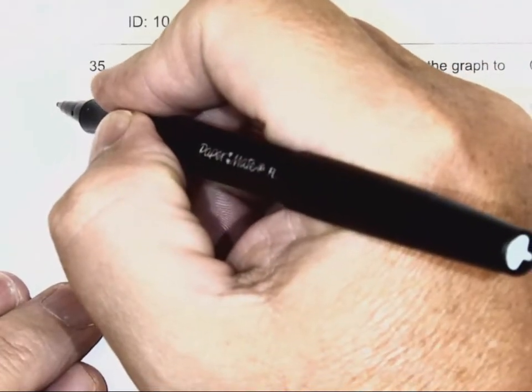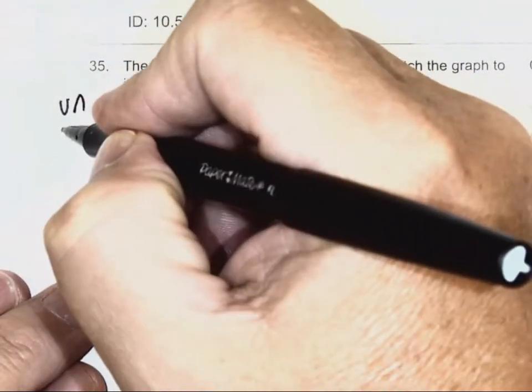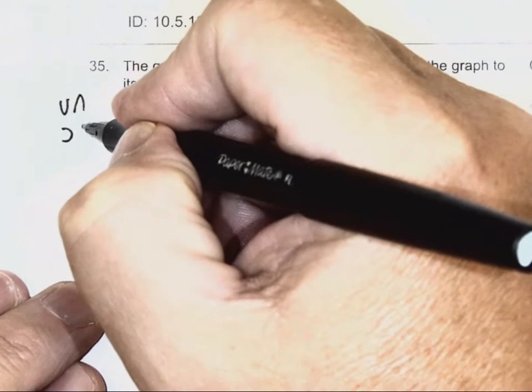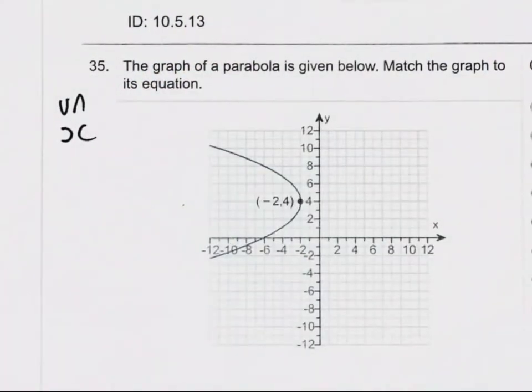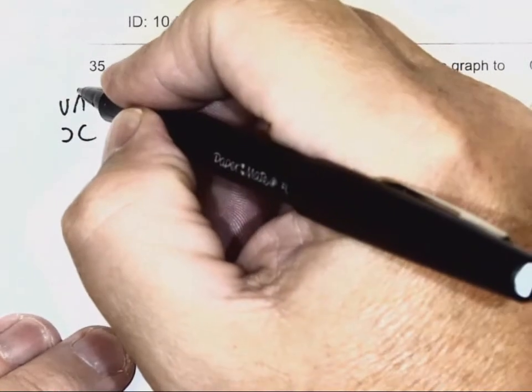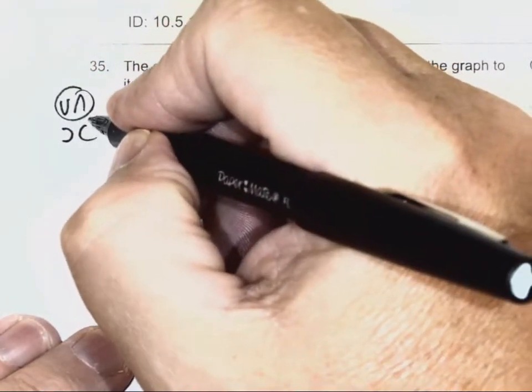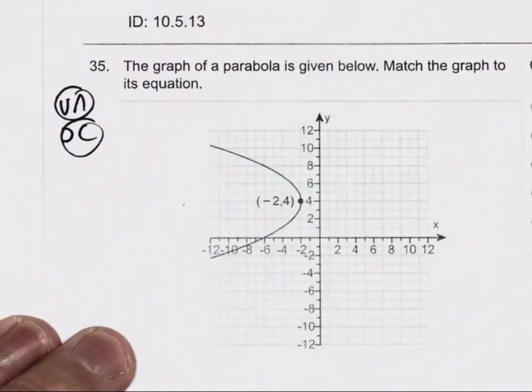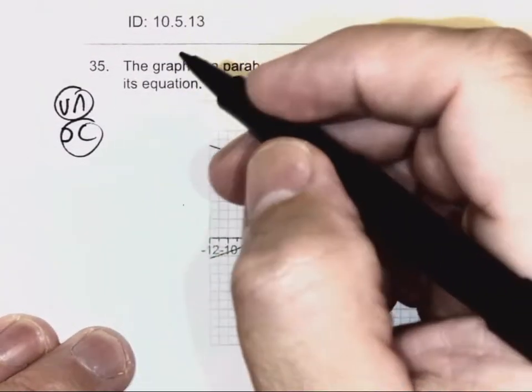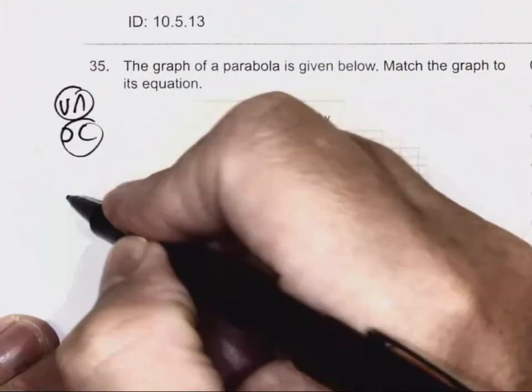Some parabolas open up or open down. Sometimes they open left or open right. So these kinds of parabolas have one equation, and these kinds have a second equation. This is a left or right. The left or right parabolas have this kind of equation.